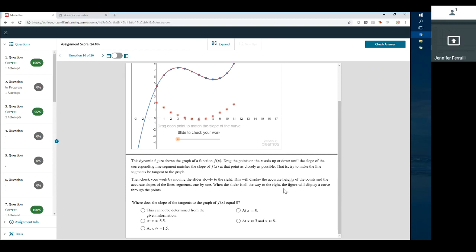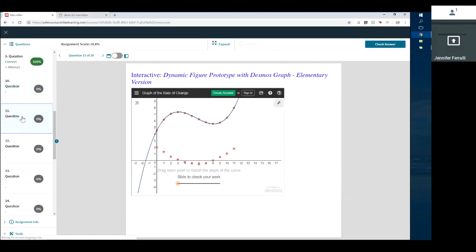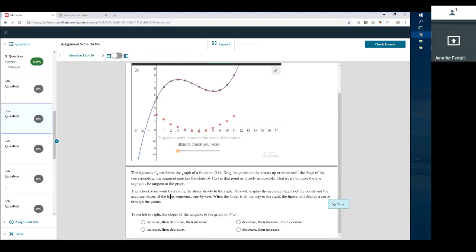Then as a follow-up question, we can ask the student to further analyze what it was that they were doing in that example. Here's another question that relates to that.